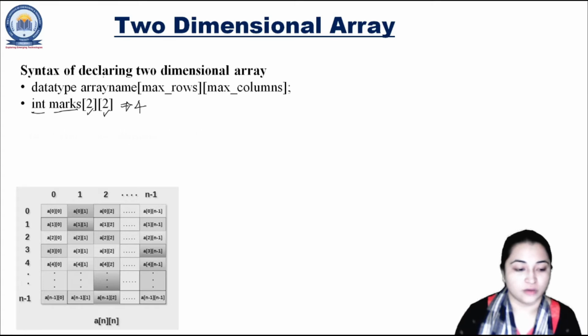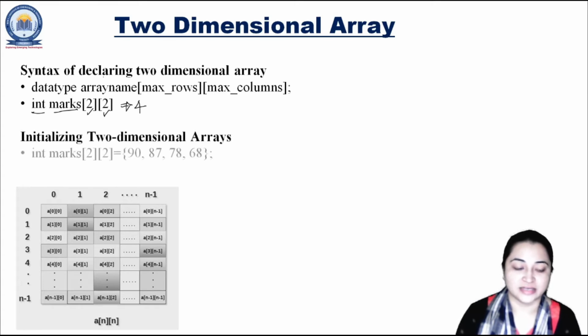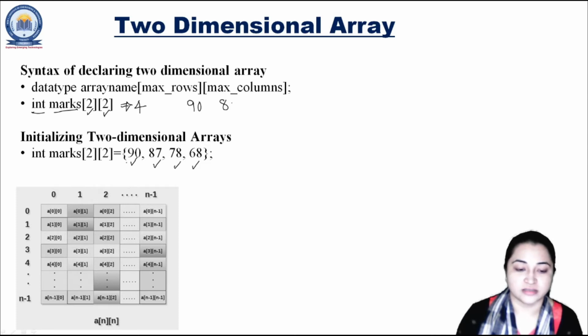And how do we initialize two-dimensional arrays? We can initialize, meaning we can assign values to this two-dimensional array like this in curly braces. As the size of two-dimensional array is 4, we will have to initialize it with 4 elements, and these elements will be stored like this in memory. This will be element 90, this will be 87, this will be 78 and this will be 68.